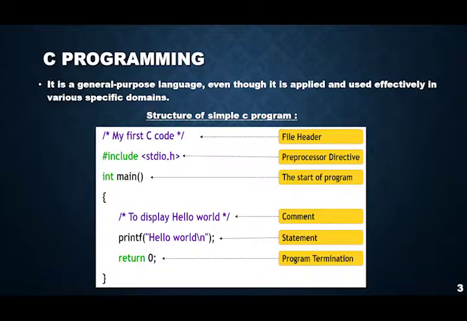Then some preprocessor directives, which help the C code to initiate the libraries which are used. Then the main program starts, and it starts with the main method. Then inside the main method, we write all the functions, all the comments, all the statements we want to execute, and then finally we terminate that program using return.